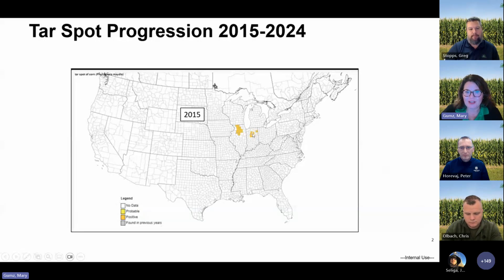If you look at this little county in Indiana, that was one of the first places it was discovered in 2015. This was back when I was a product agronomist for the company, and I had one of our impact plots, the plots that we use to evaluate our germplasm before it becomes commercialized, near Logansport, Indiana. There was a day I noticed that there was something weird going on out there.